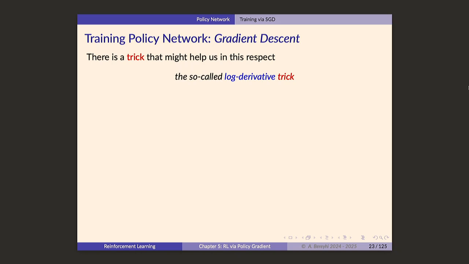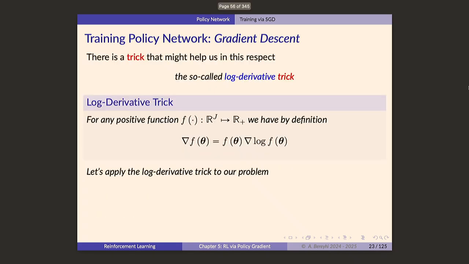Now I take this and write it down here. The derivative of f is f itself times the derivative of its log. It's basic math. You can do it in the multidimensional case: instead of derivative, you just put gradient. So that's the whole log derivative trick.